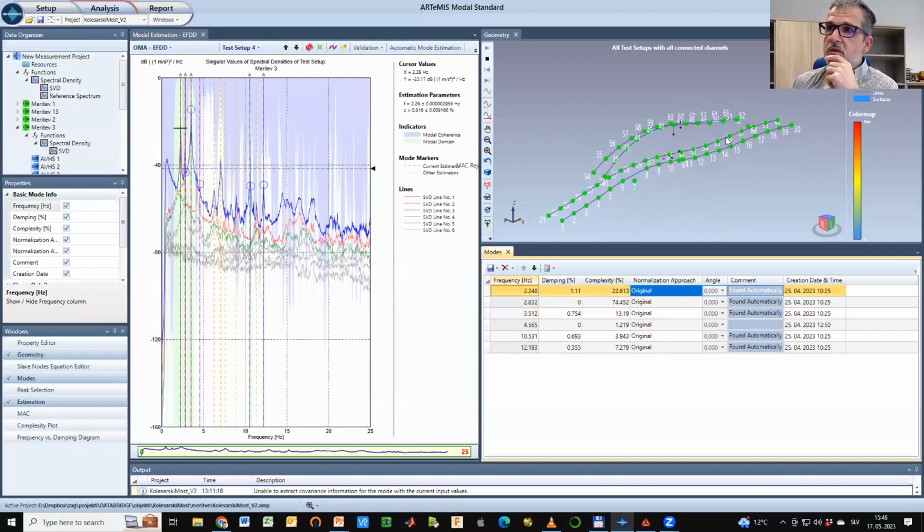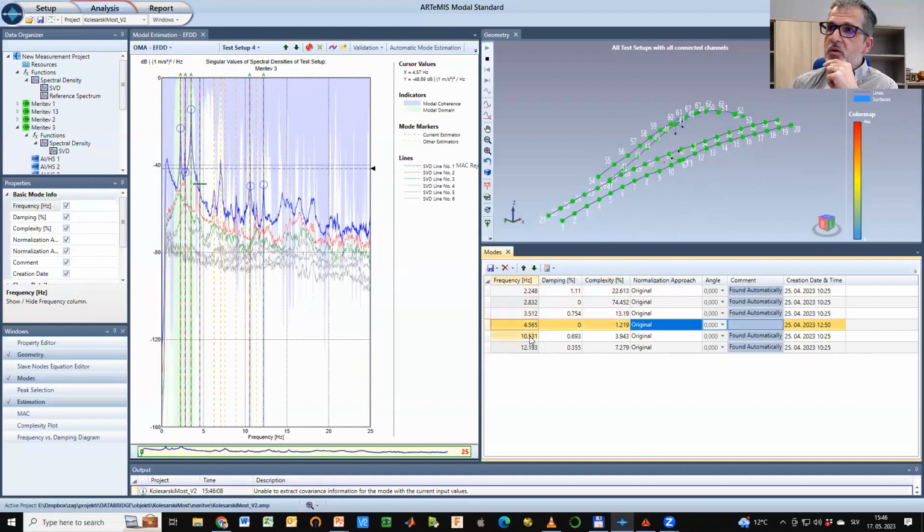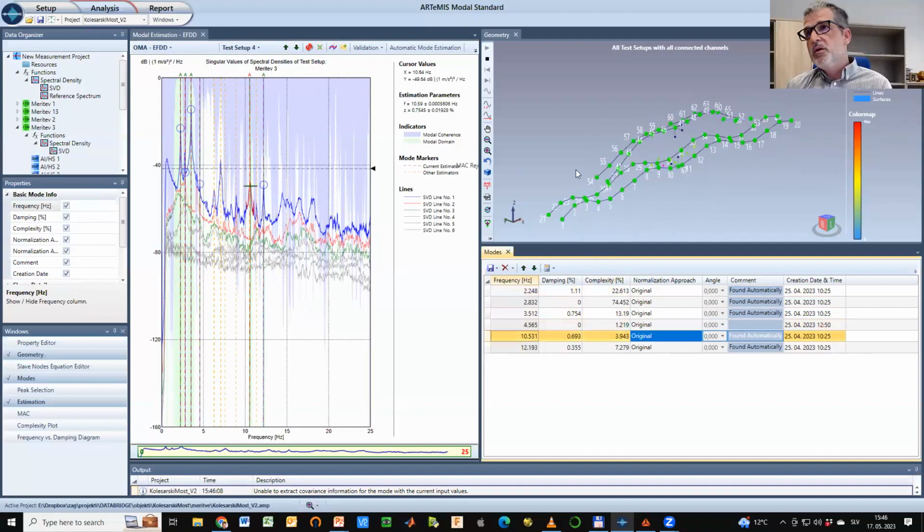We can animate the mode shape of the structure, and we can compare it with the numerical model.